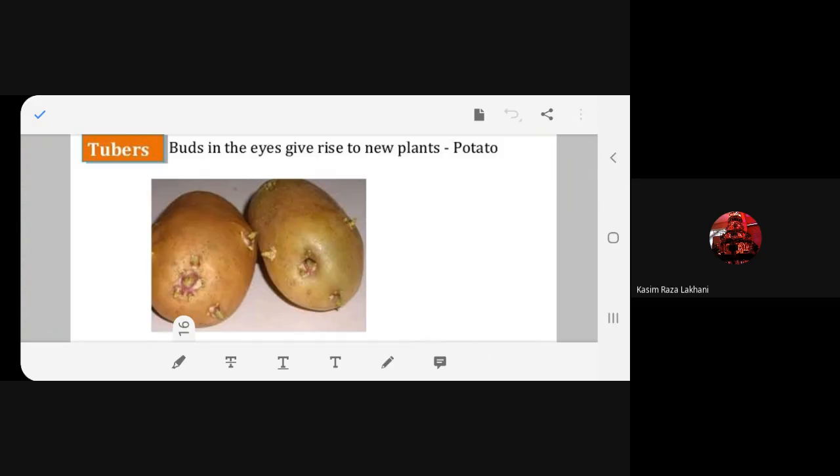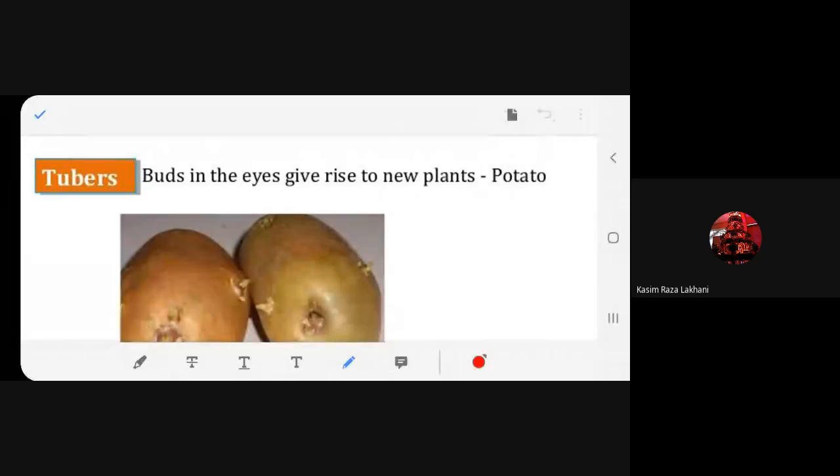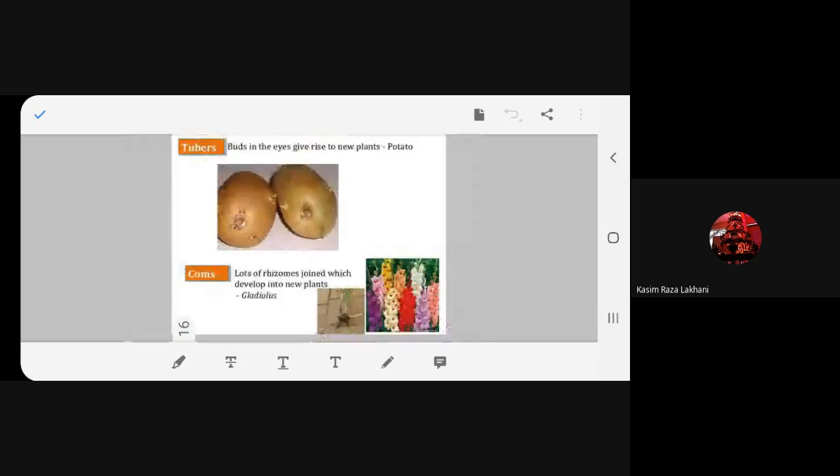So in the eyes we will have buds, which give rise to a new plant. So that is potato. So this is a tuber. So potato is called a tuber.